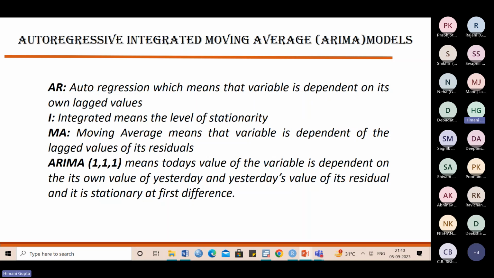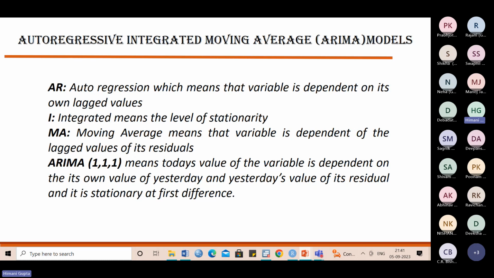I have seen, whenever I am judging conferences and people are presenting their papers, they normally use EViews and say that we have just converted into stationarity, and stationarity means your log difference. And they say that it means the data is integrated at level 1, the first difference.